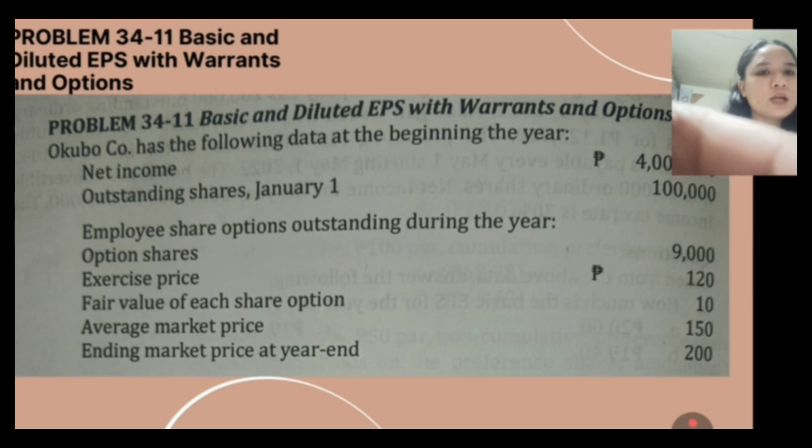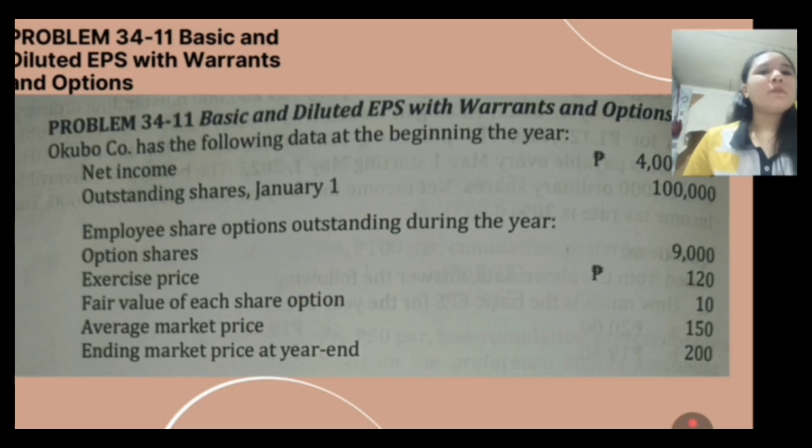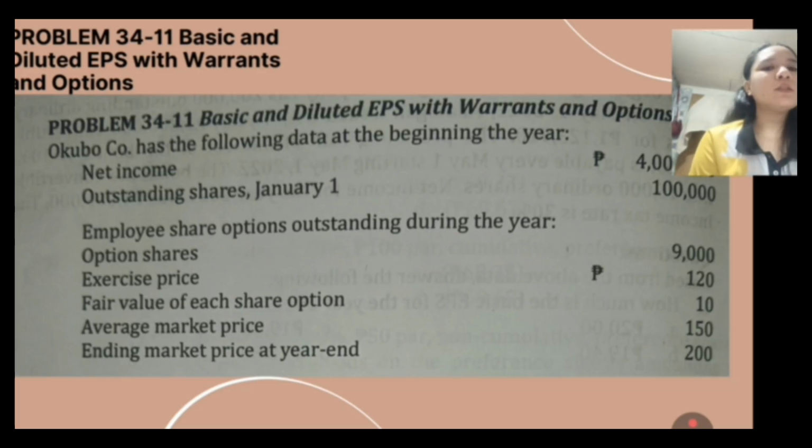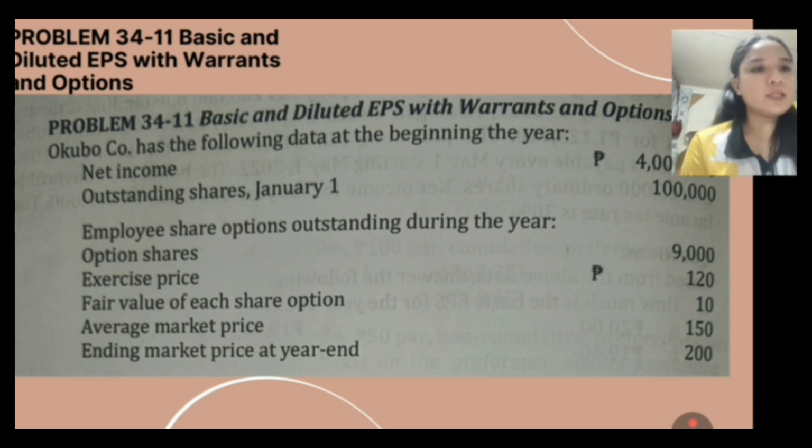The outstanding shares from January 1 are 100,000. For the employee share options outstanding during the year, we have option shares amounting to 9,000 and an exercise price of 120 pesos. The fair value of each share option is 10 pesos. The average market price is 150, and the market price at year end is 200 pesos.